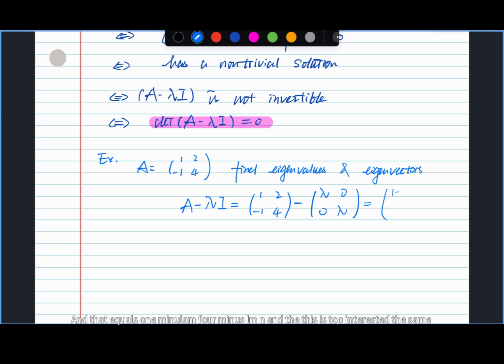That equals [1 minus lambda, 2; -1, 4 minus lambda], where the off-diagonal entries stay the same.